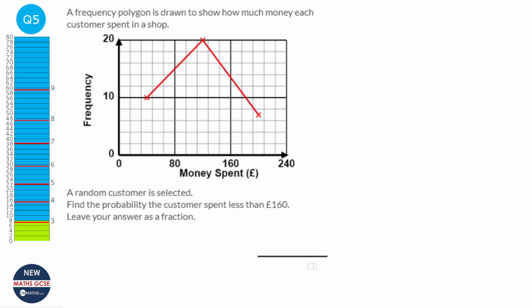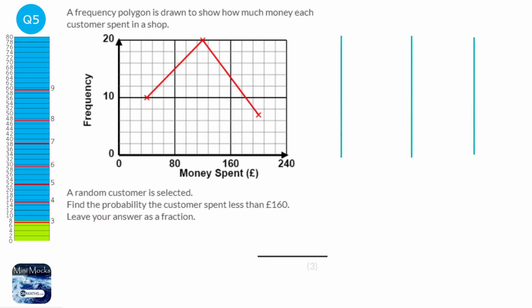So for this frequency polygon, what we've got to do is work backwards to work out what the table was that created it. So we're going to just draw a starting of a table. And we're going to have our midpoint first. Then our money spent intervals, and then our frequency.